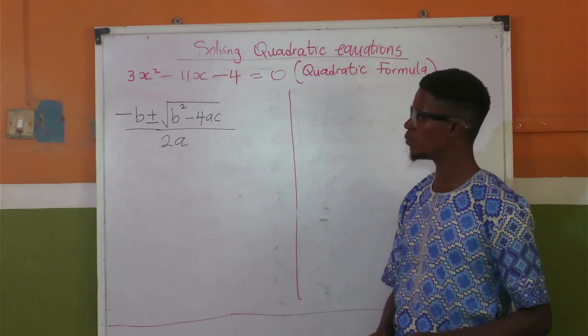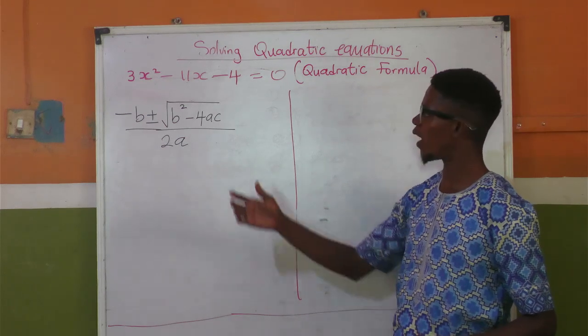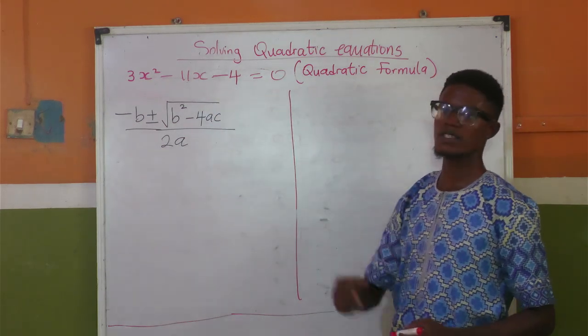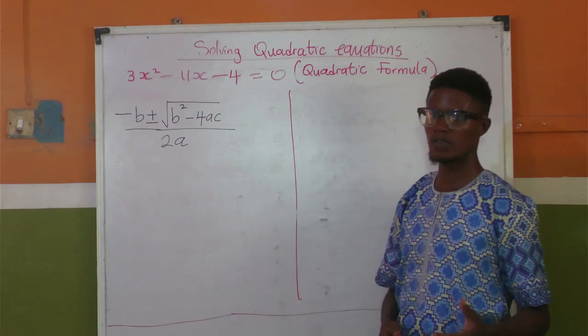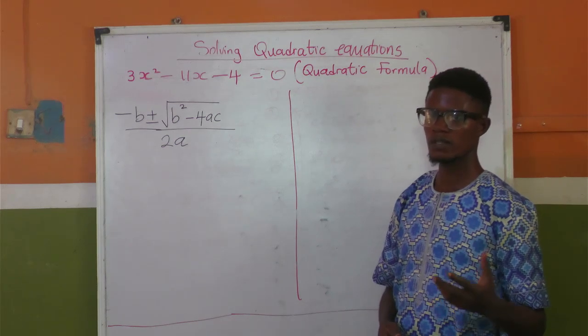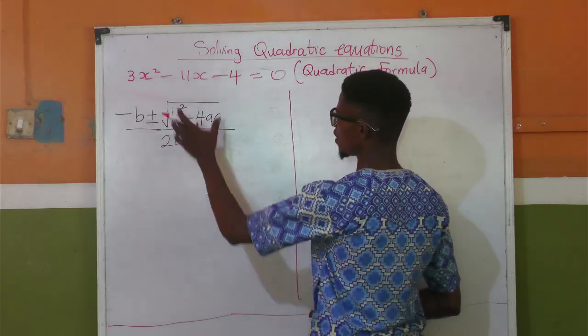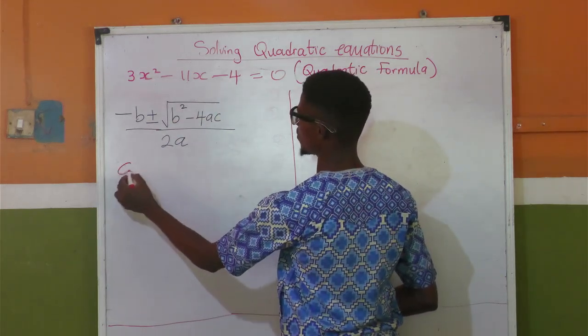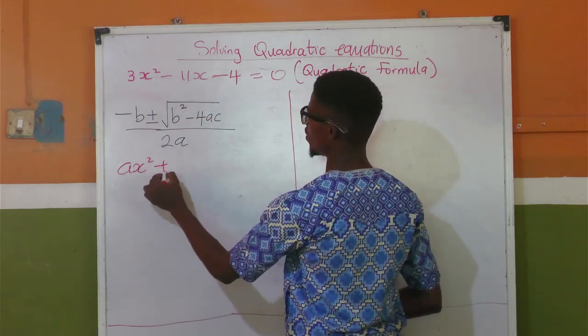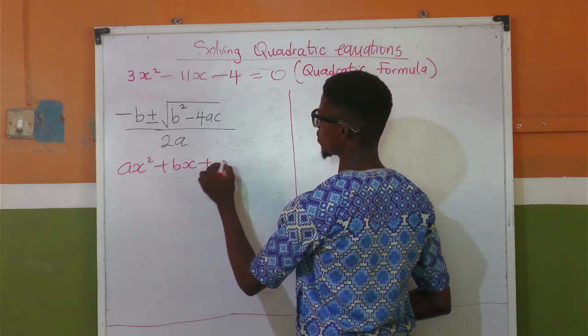It's simply based on the premise that each of our expressions is under a particular alphabet. For instance, we believe that a quadratic expression has the term ax squared plus bx plus c.